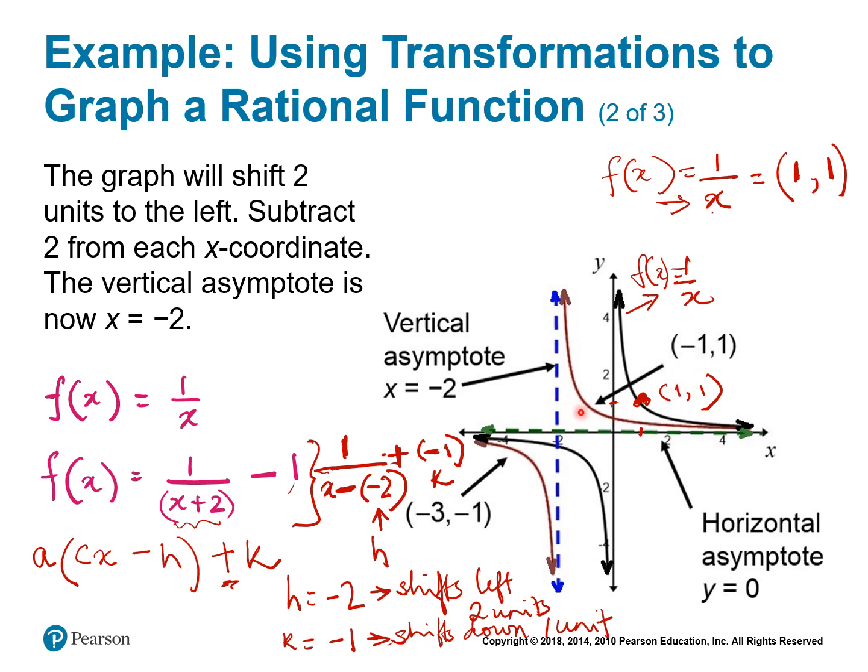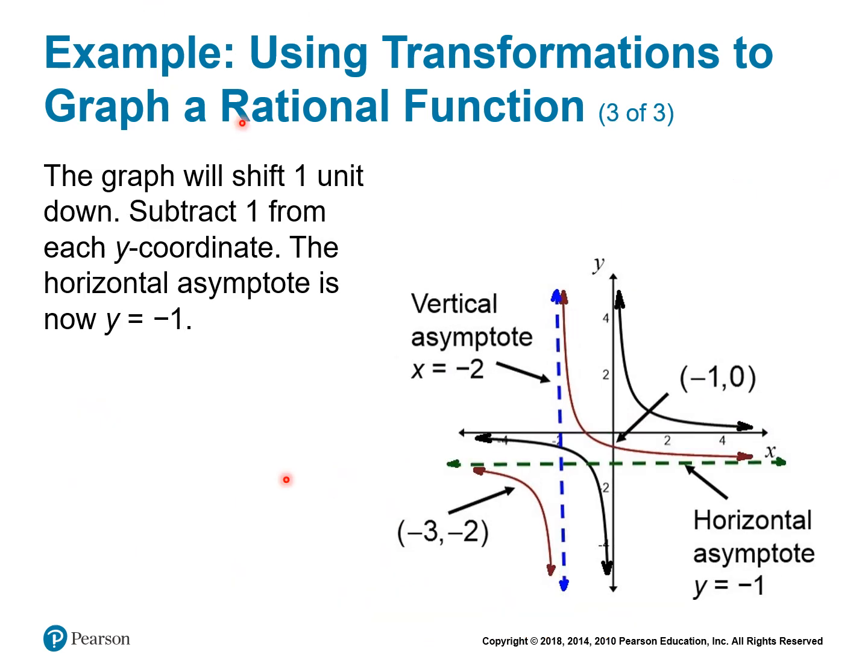So we have this point shifted to -1 comma 1, and it'll be easier for you to draw the graph if you have one point. Now in the previous slide we had just shown the horizontal shift of the transformed function.